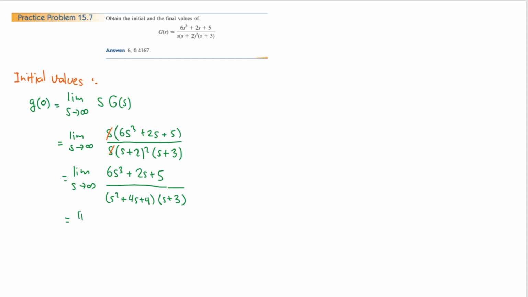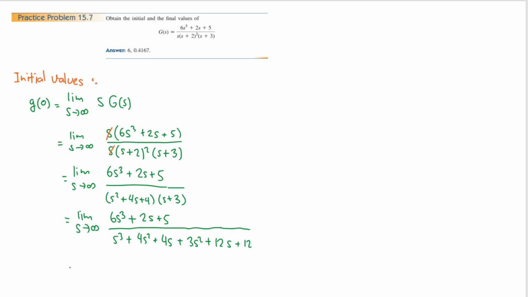Now we have the limit as s approaches infinity of 6s to the third power plus 2s plus 5, divided by the product, which is s to the third power plus 4s squared plus 4s, and then this one here, 3s squared plus 12s plus 12.